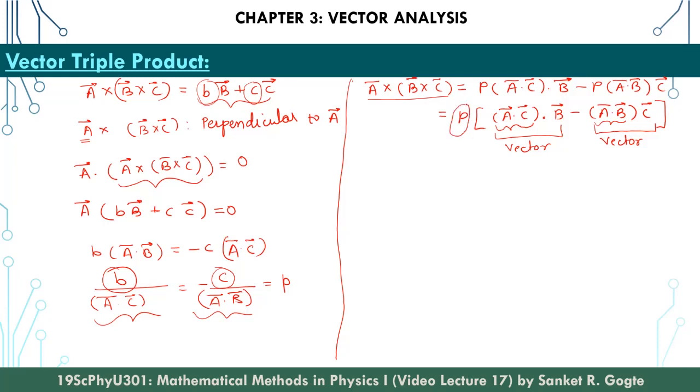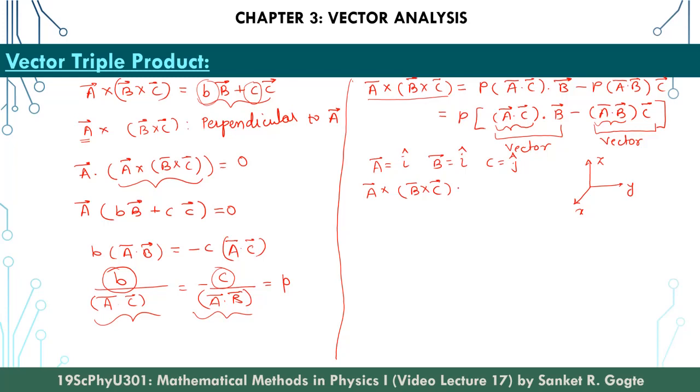To find the scalar P, we will take a shortcut. We will consider a special case where A is equal to I, B is also vector I, and C is equal to vector J, and we will consider the vector triple product between these three vectors. Suppose this is the x-axis, this is the y-axis, and this is the z-axis.